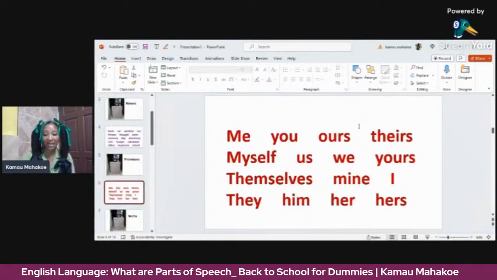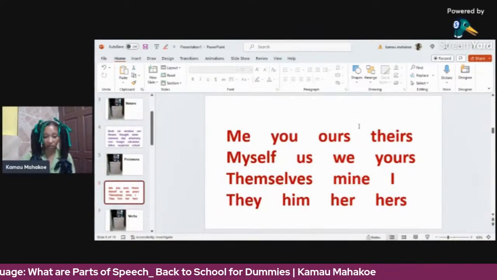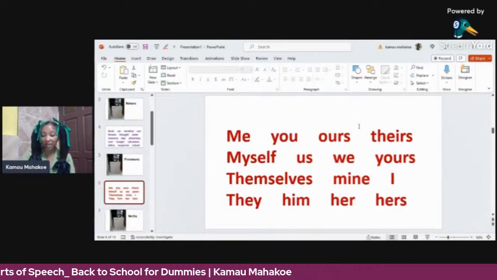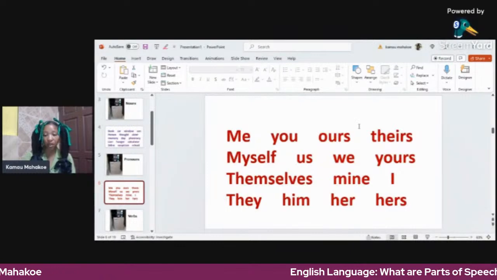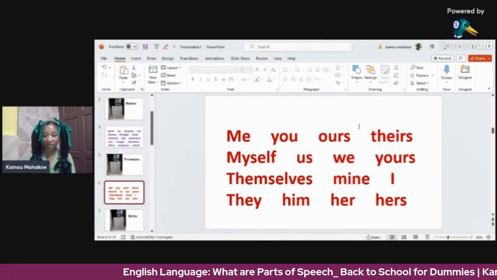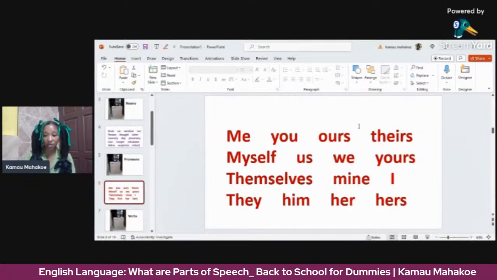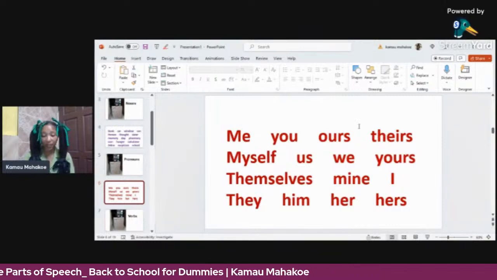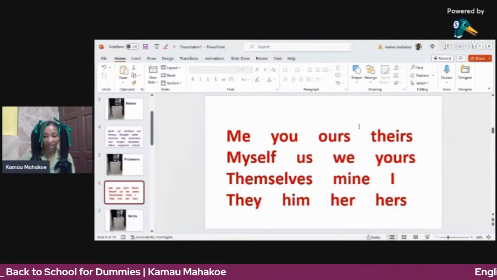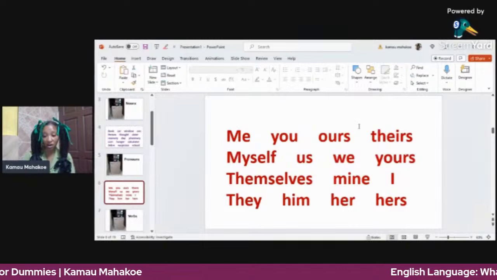They take the place of nouns. So if you look at the screen, you see these are all pronouns. Me, you, ours, theirs, myself, us, we, yours, themselves, mine, I, they, him, her, hers.